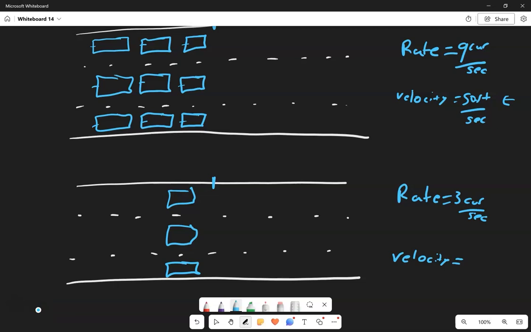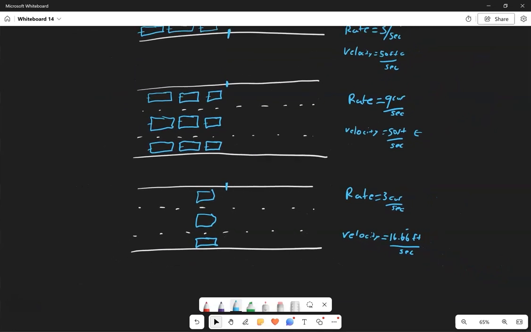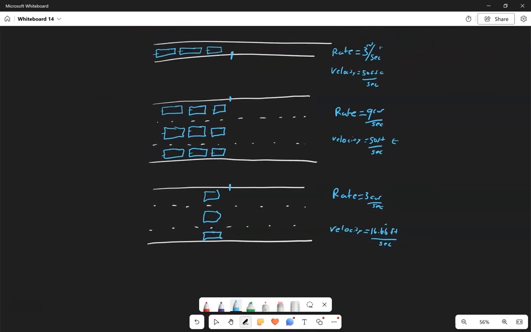So this means that now each car is traveling 16.66 repeating feet per second. So if I zoom out here and we can see all 3 of them, the rate here is the same as the rate up here, but the velocity here is lower than my velocity here. And it's because it is the cross-sectional area that determines the overall velocity.